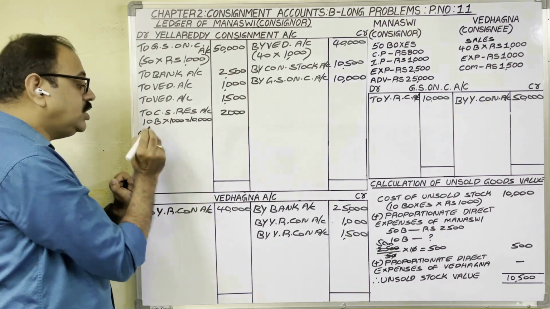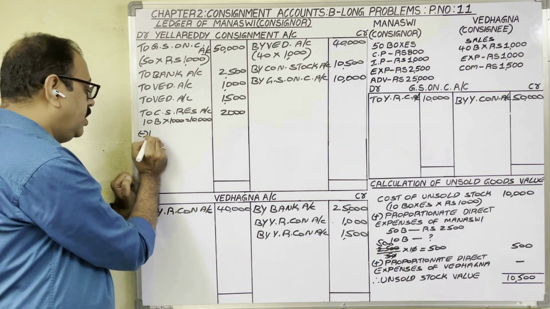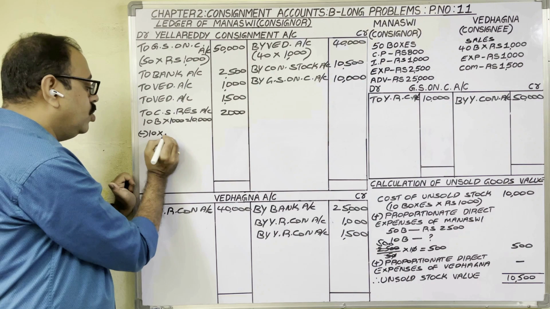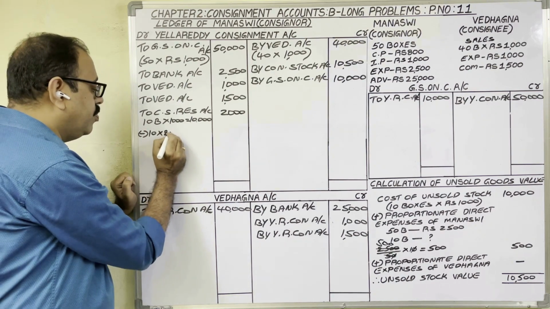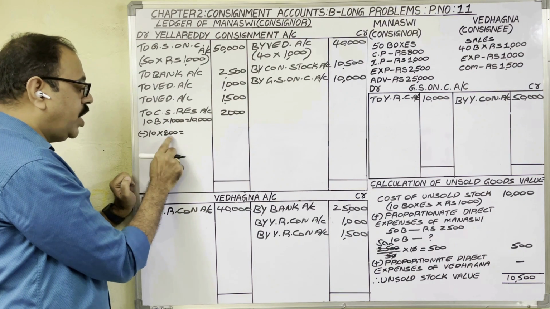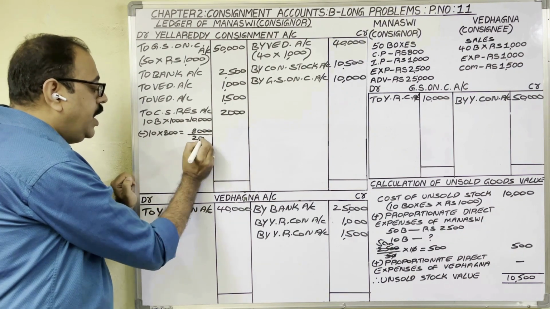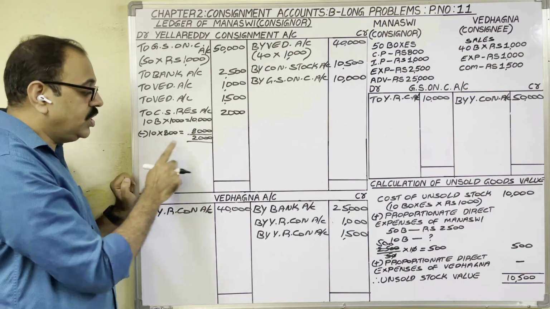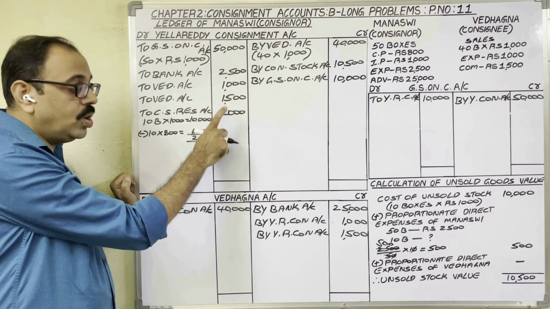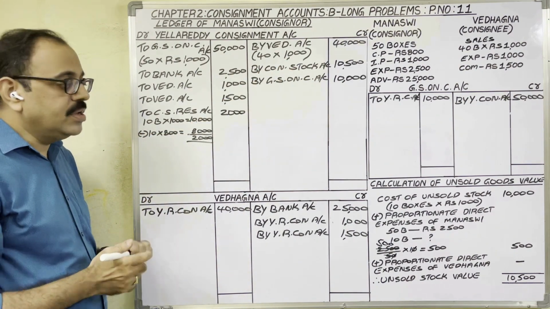Minus cost price of unsold stock: unsold stock quantity 10 boxes into cost price of 1 box 800 rupees, 10 boxes into 800 rupees is equal to 8,000 rupees. 8,000 is known as the cost price of unsold stock. So the difference 2,000 is called loading in unsold stock. Like a formula you can remember.